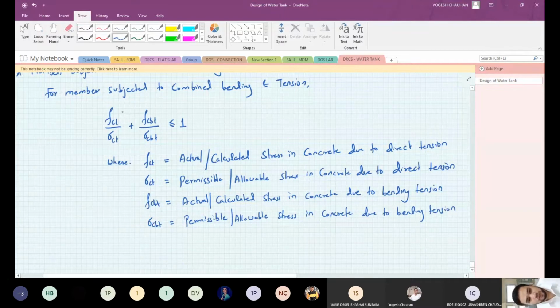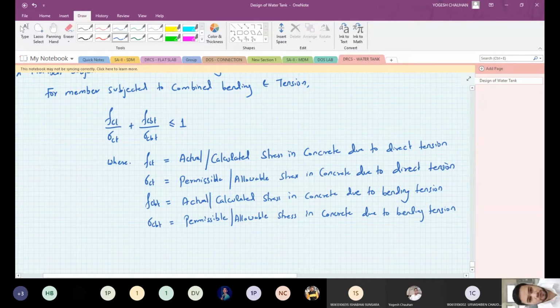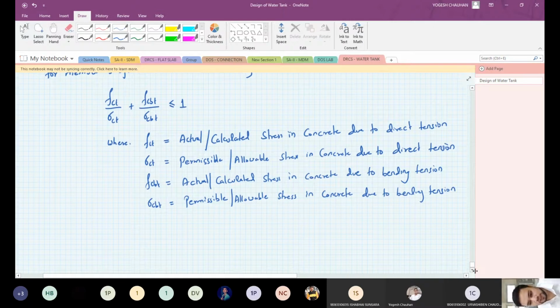So you have to find the actual tensile stresses in concrete and the actual tensile stresses due to bending tension, and ensure that this ratio is less than 1. So let us take one example.